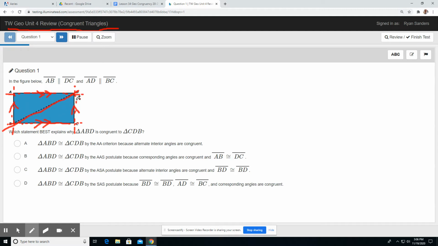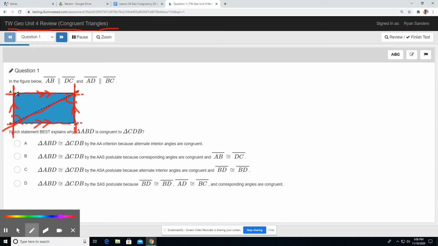Let's see. We got some alternate interiors here. So this angle and this angle are the same. And on the other set, I was talking about this one right here. Looking at that parallel and that parallel, cut by the transversal, this one has to match with that one right there. Okay, let me go ahead and change colors.